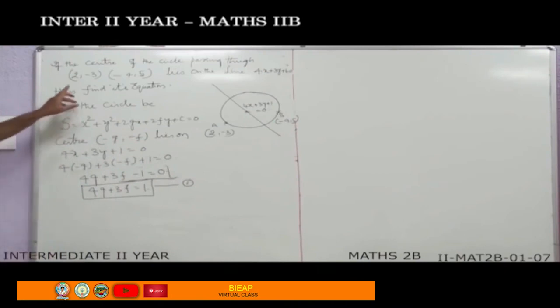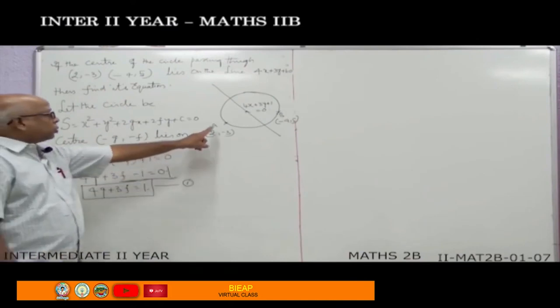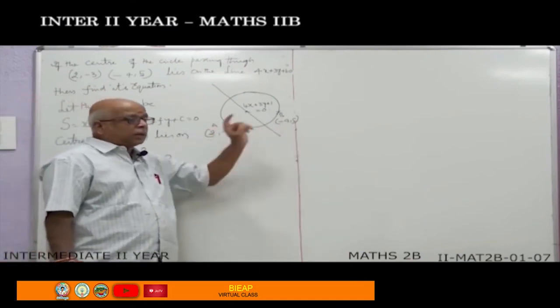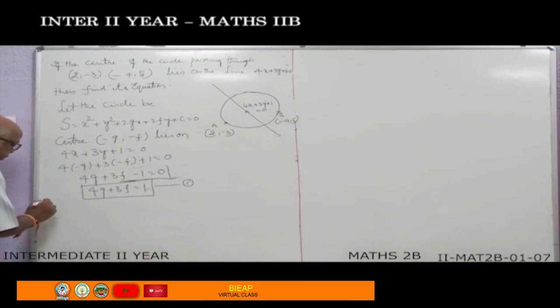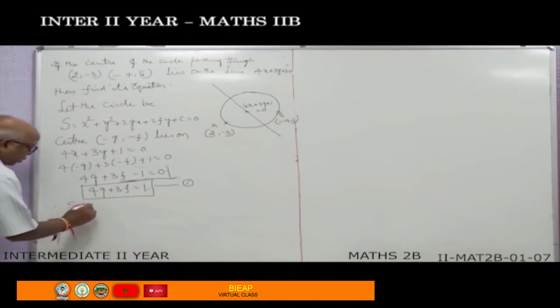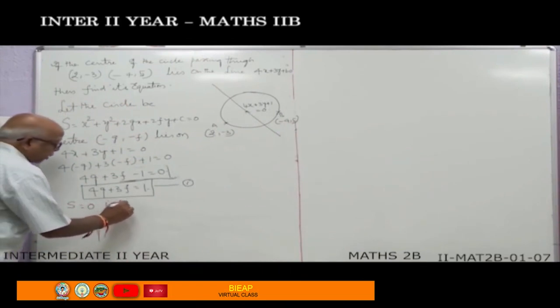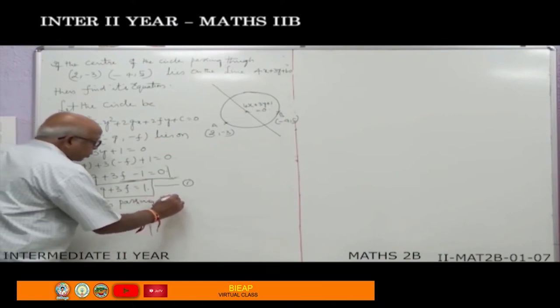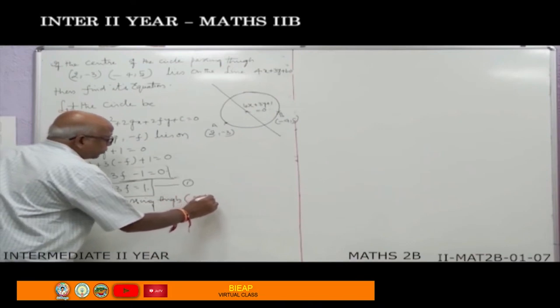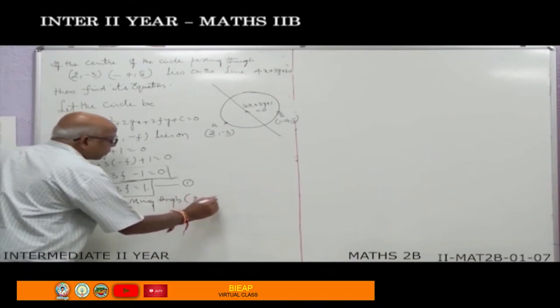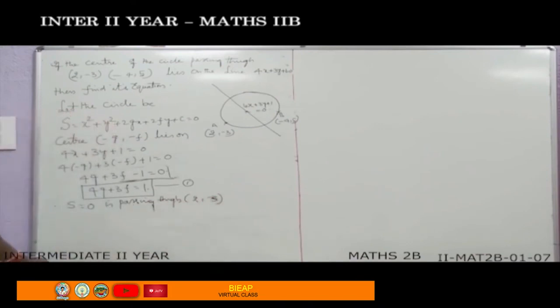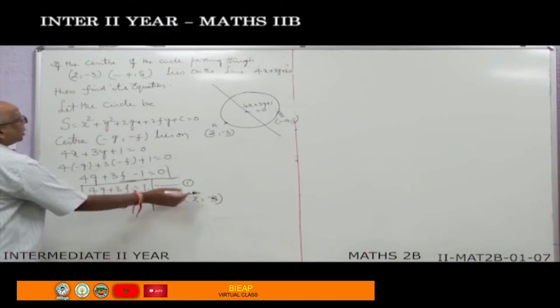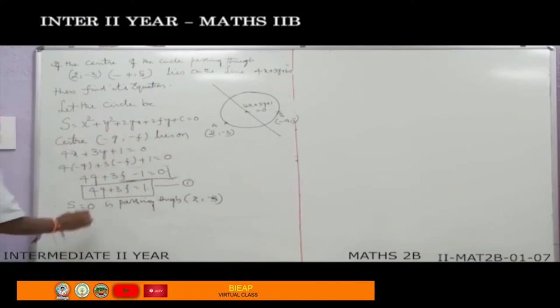And in the given problem, our required circle is passing through 2 points, (2, -3) and (-4, 5). Since S equal to 0 is passing through (2, -3), we can substitute this point in the assumed circle equation.